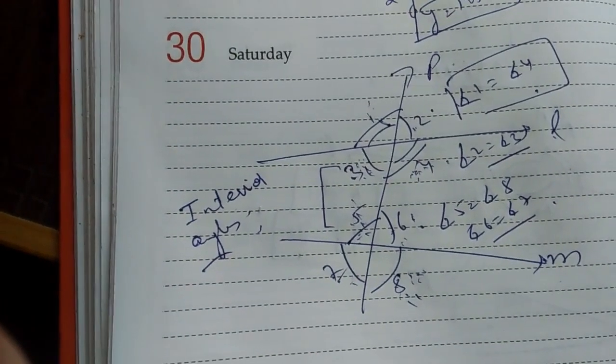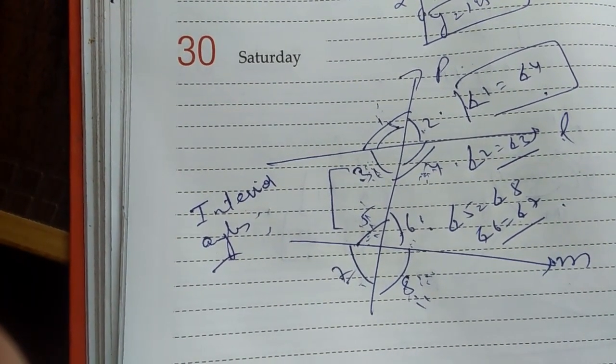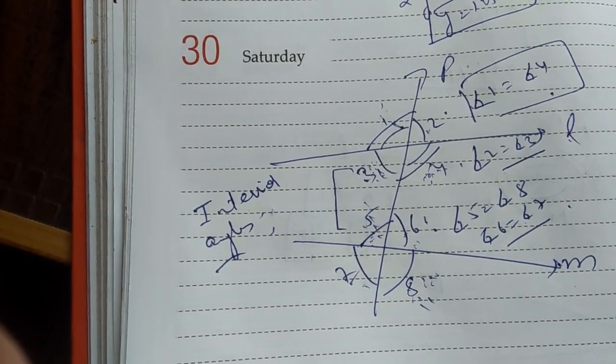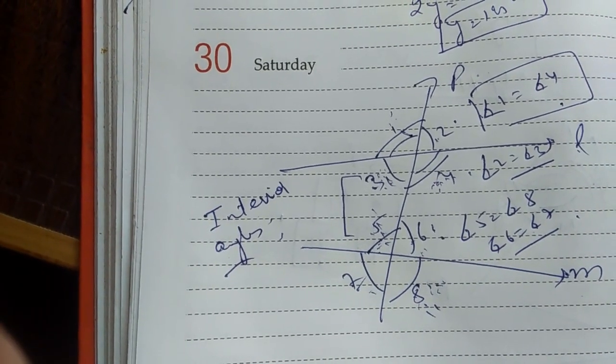So we will discuss one more property with this. This is parallel lines. That is going to be the real one.